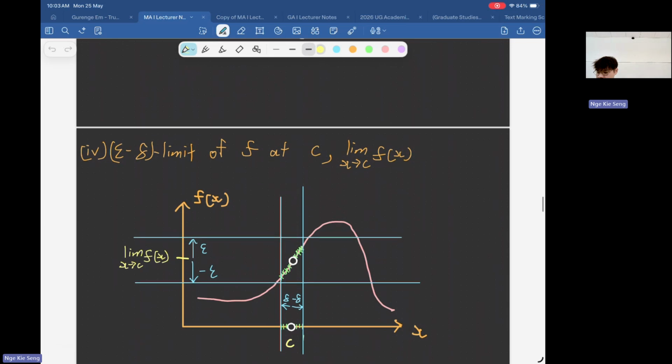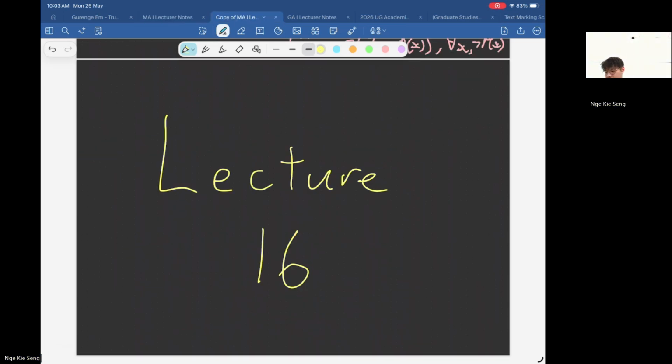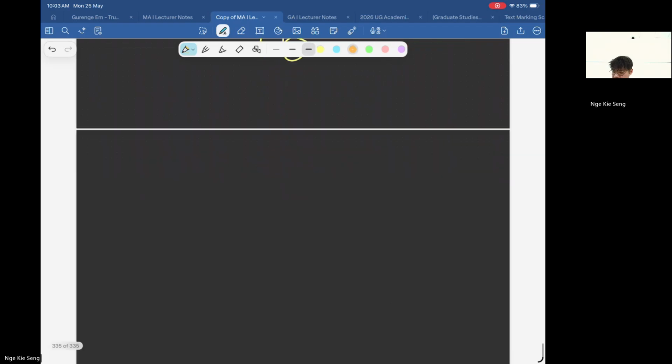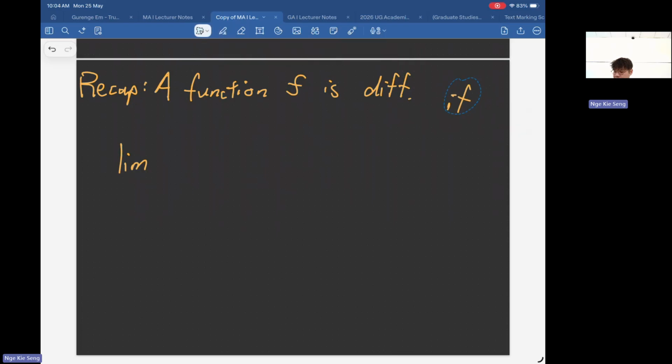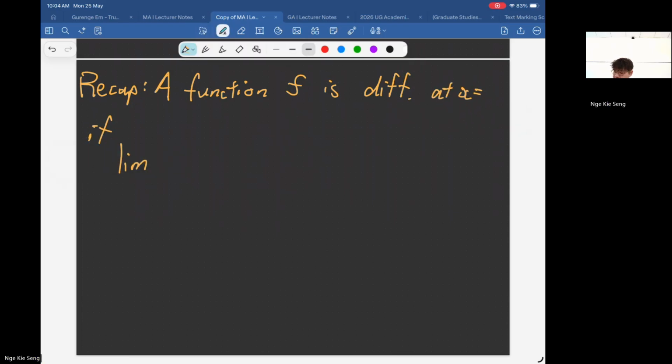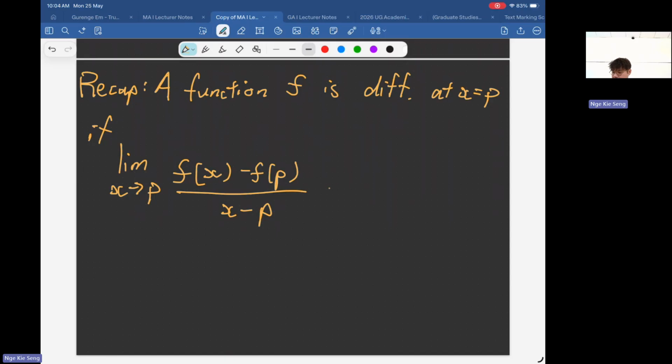Okay. So then what's differentiability again? A function f is differentiable at a point p if the limit as x goes to p of (f(x) minus f(p)) over (x minus p), which we sometimes call f prime, exists.